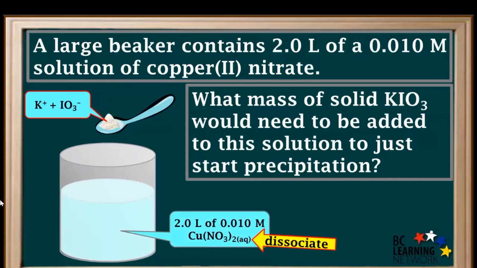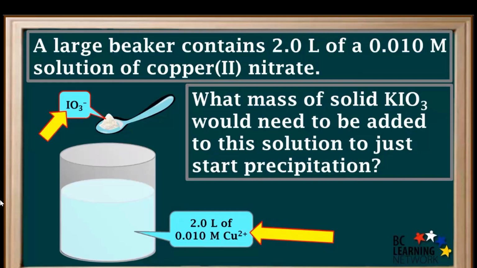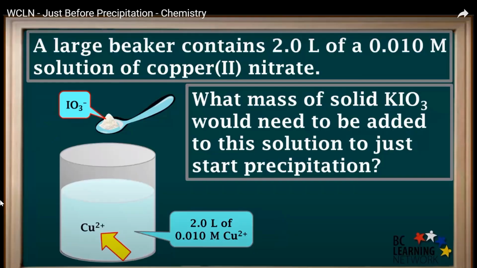And we'll also dissociate Cu(NO3)2 to give us the ions Cu2+ and NO3-. NO3-, or nitrate ions, and K+ ions are both spectators, so we can discard them from our discussion and tidy up. We'll show Cu2+ ions in the beaker.